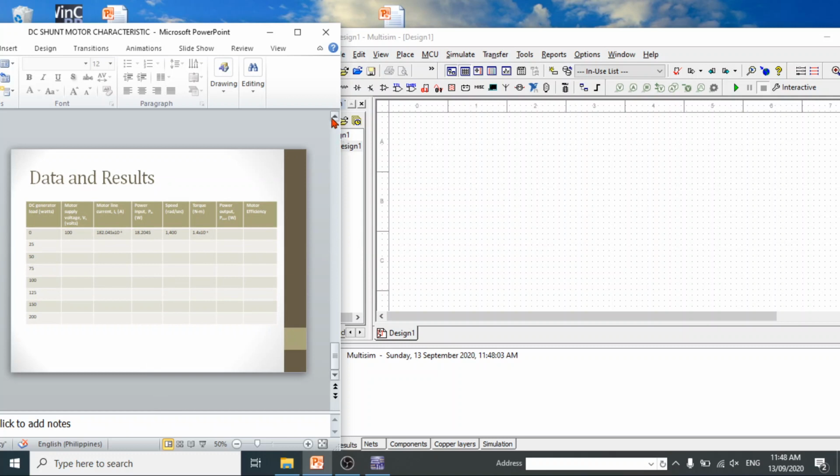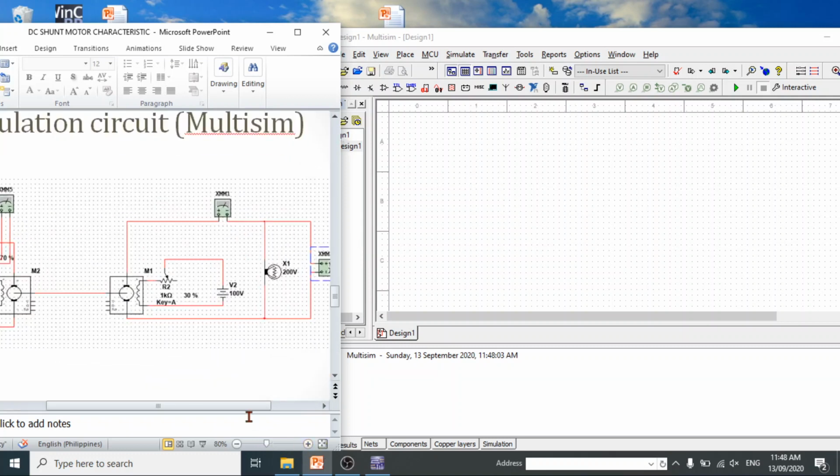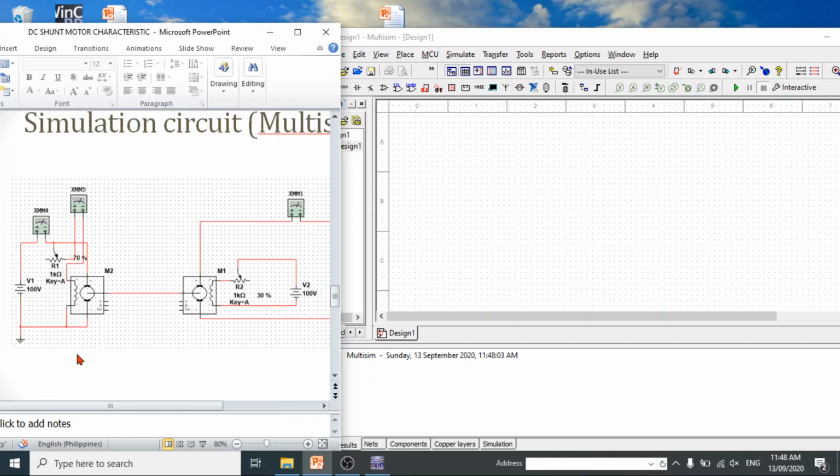So we need to build the given circuit in Multisim.